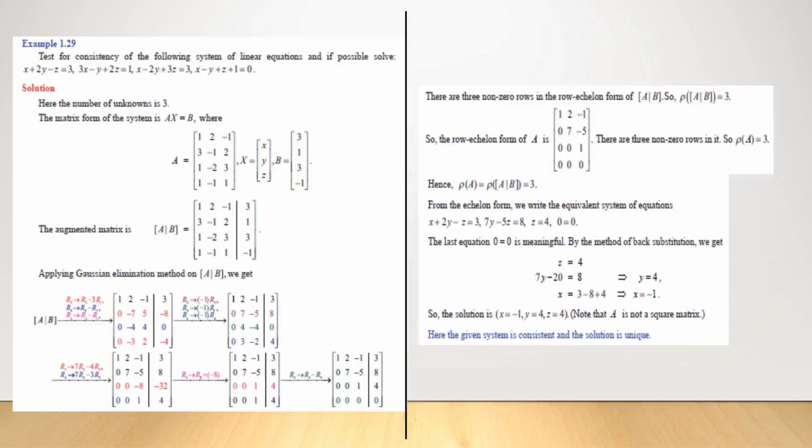After solving that, we get z equal to 4, y equal to 4 and x equal to minus 1. How to verify these answers? By substituting these values in any one of the given equations. Here, the given system is consistent and the solution is unique.